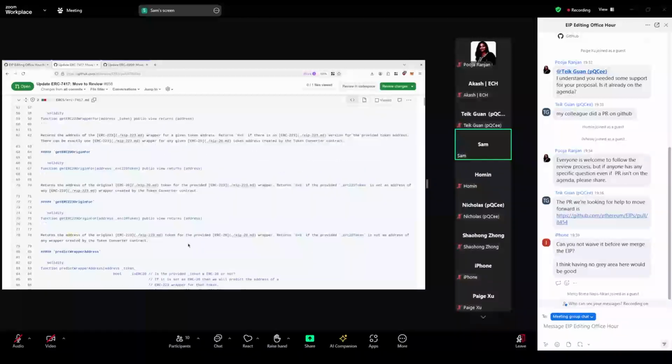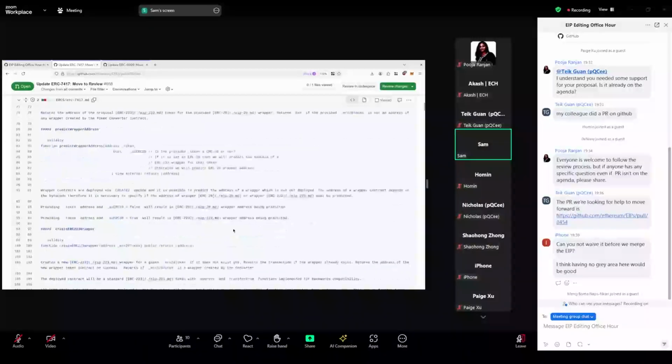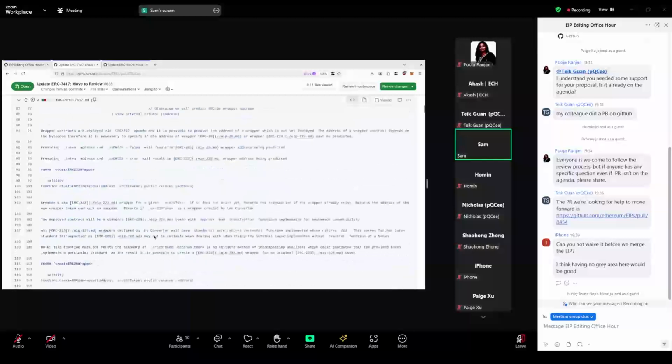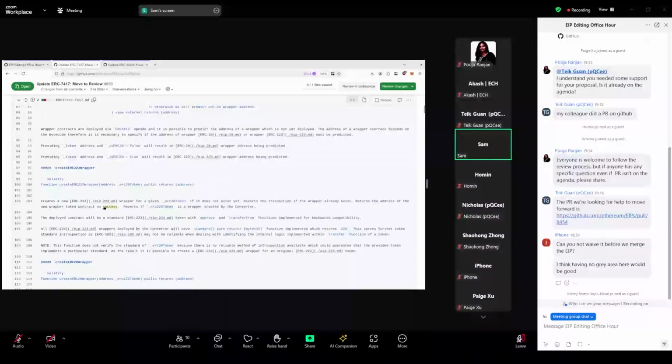This is all good standardization. So wrapper contracts deploy with the CREATE2 opcode and specify the predicted address of the wrapper. Okay. So it creates a new ERC223 wrapper for a given ERC20 token. If it does not exist, it reverts if it already exists, and returns the address of the new wrapper. Okay. The deployed contract will be a standard token with proven transfer functions.